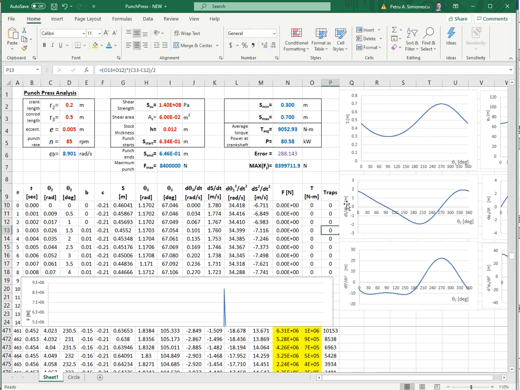And then the last, it says traps here. So traps is going to be, each of these is a trapezoid integrating under the torque curve, torque versus theta in radians curve. So what's the area of a trapezoid? I'm at, say here, between k and k plus 1.